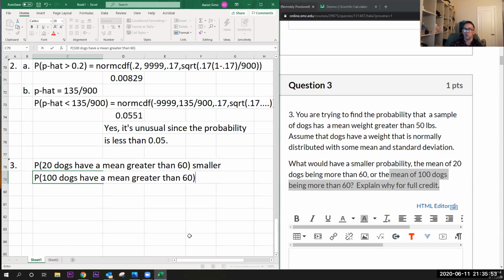That's what you're saying? Yeah. So 20 dogs are less likely to have a mean greater than 60, is what you're saying. Yeah.